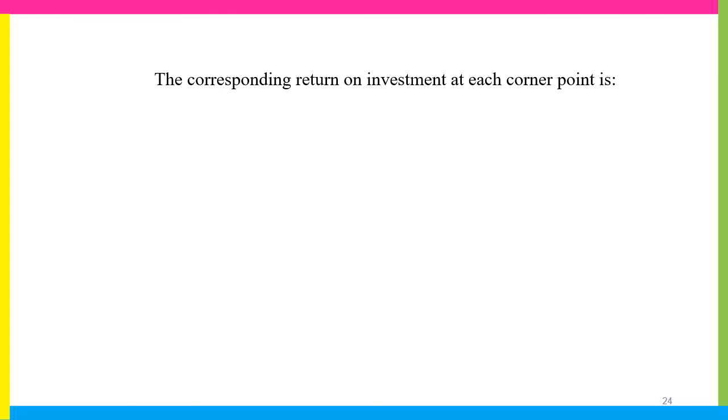Okay, so after that, the corresponding return on investment of each corner point, we substitute all the points into the objective function. So for point A, the profit will be 0.08 multiplied by 6,000 plus 0.12 times 0. So the return is 480.